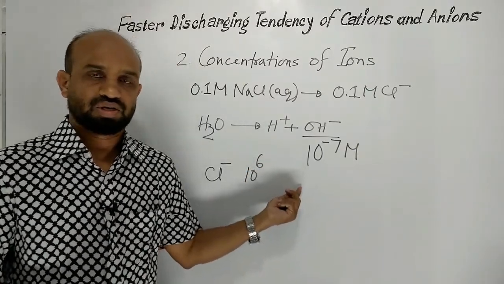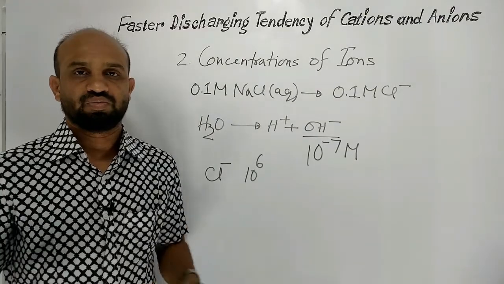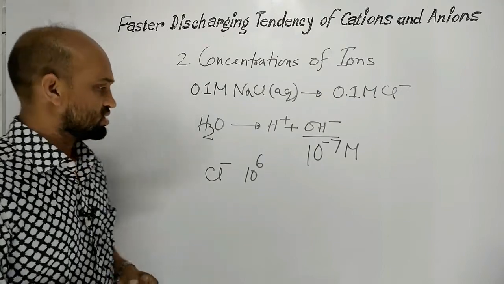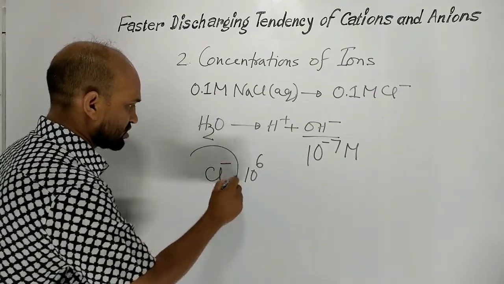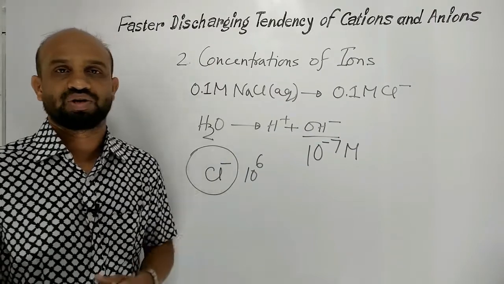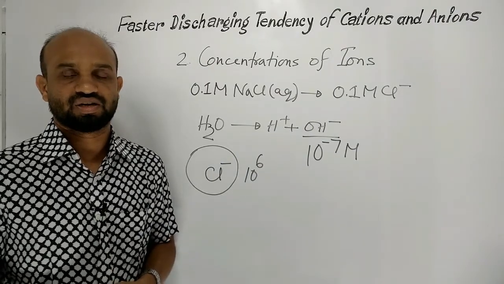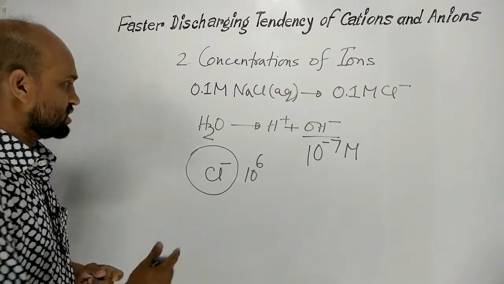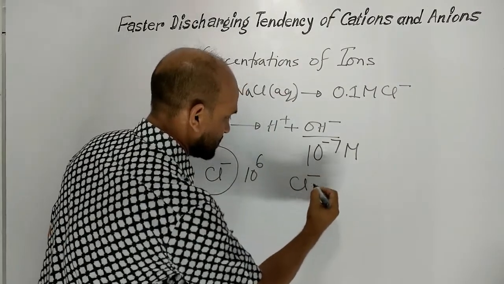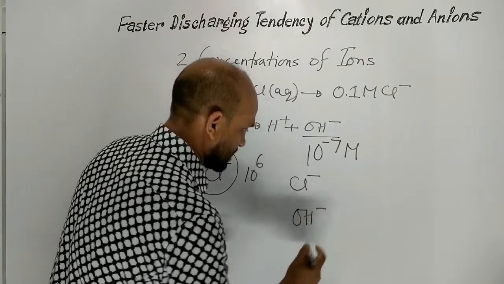So during electrolysis of 0.1 molar sodium chloride solution, because of the higher concentration, chloride ion will be oxidized first, then hydroxide ion, though in the electrochemical series, chloride ion is above hydroxide ion.